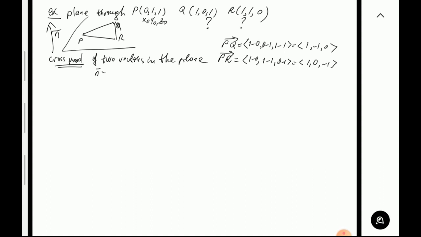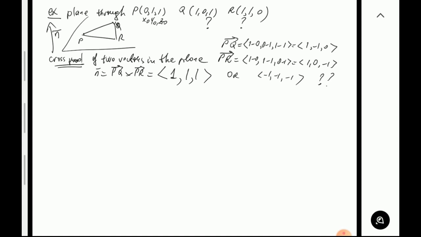And now my normal is the cross product between the two. And so that's going to be negative 1 times negative 1 minus 0, which is 1. Middle guy is negative 1 with the opposite sign, that's 1 again. And then 1 again, the last component. So it should be 1, 1, 1, or negative 1, negative 1, negative 1, or any multiple of this, depending on the way you chose this pair of vectors.